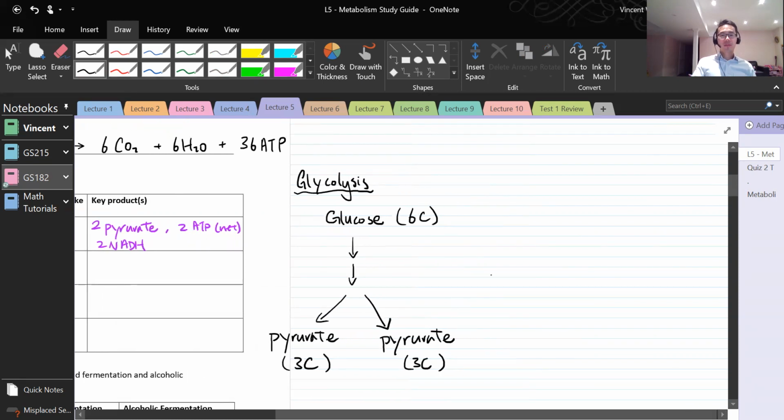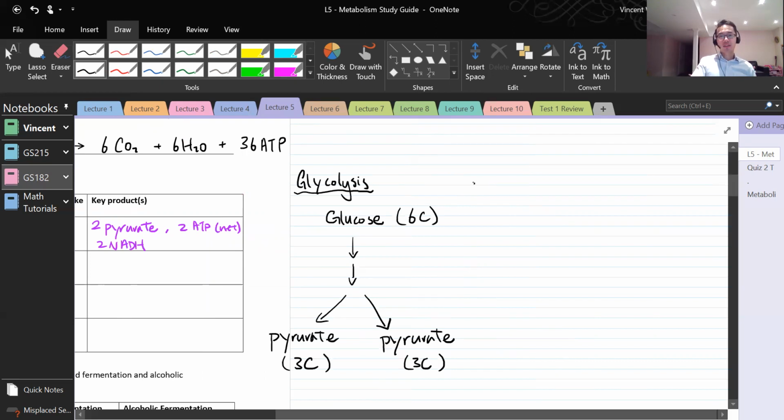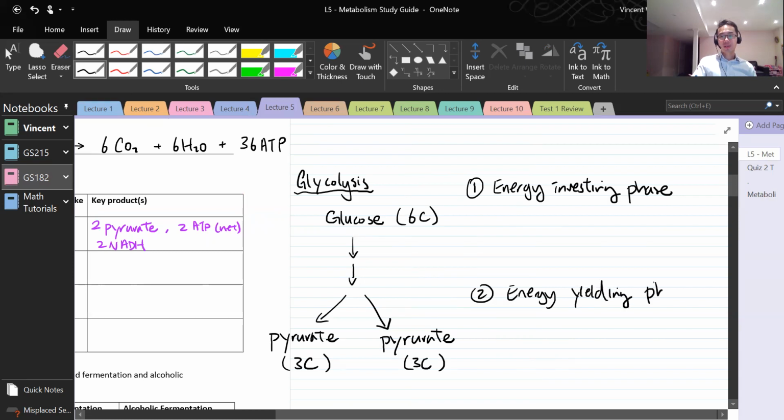Now glycolysis is separated into 2 separate phases. Number 1 is the energy investing phase, and number 2 is the energy yielding phase.